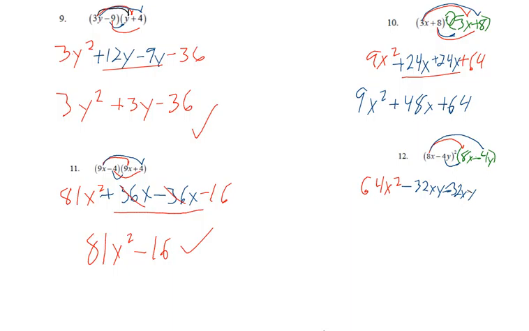And then negative 4y times negative 4y is positive 16y². Again, the middle terms combine, so you're going to have 64x² minus 64xy plus 16y².